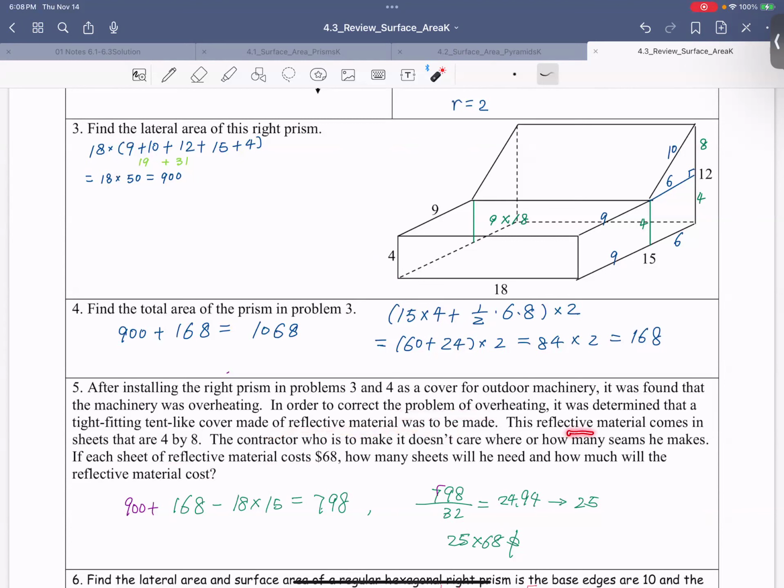And the material comes in a shape of 4 by 8. And the dollar amount for each sheet is 68. So we want to figure out how to calculate how many pieces we need, right? Yes? Okay.